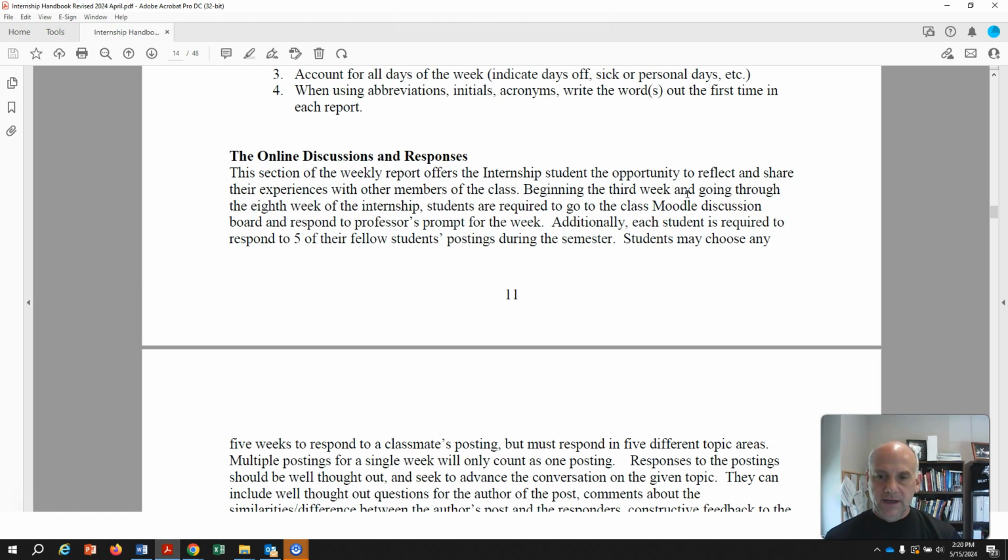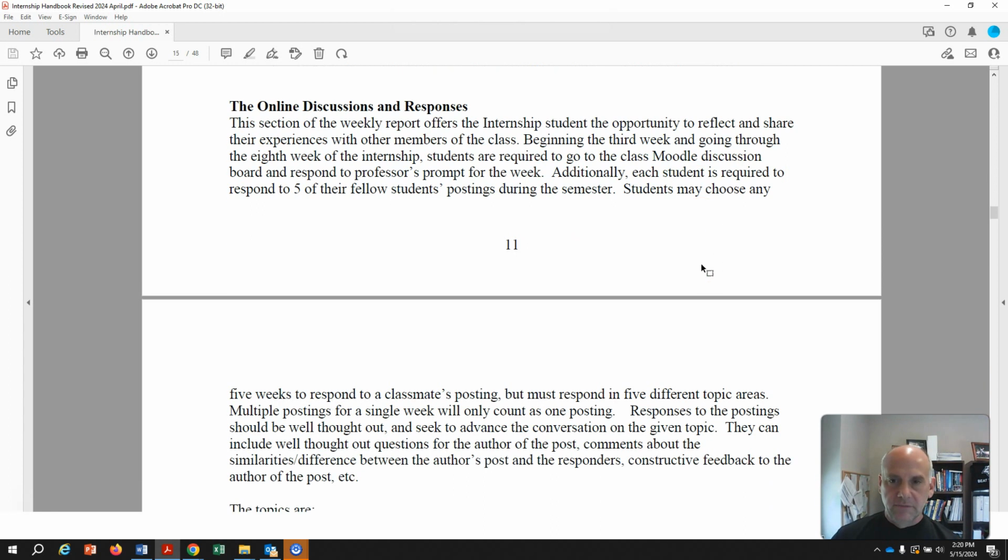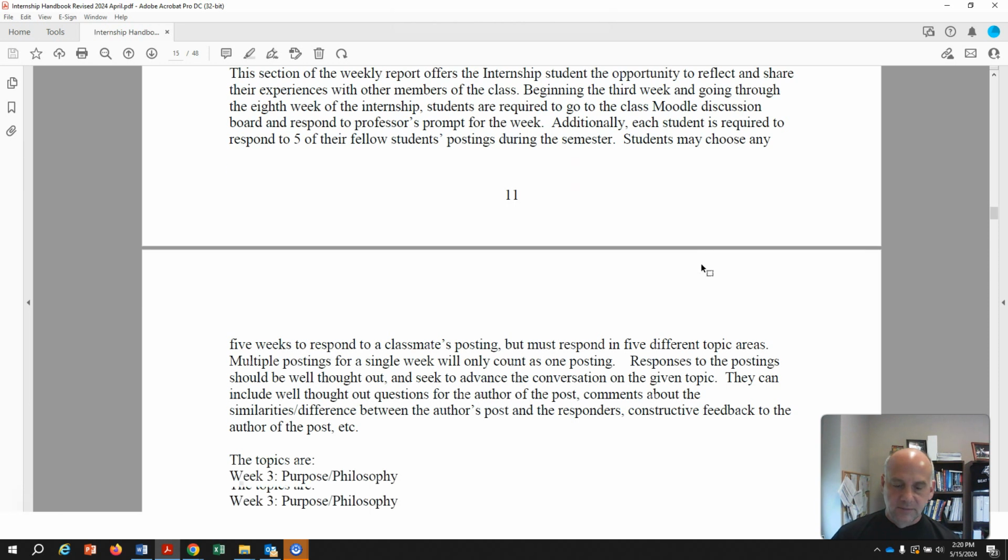So you're going to have 8 or 9 different posts that you have to put in, and then followed up with that, you're going to have to make at least 5 posts to other people's discussions. Okay, so it gives you an opportunity to get involved and get interactive with each other, so that you're not out there just as an island by yourself.